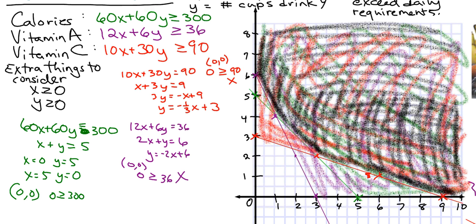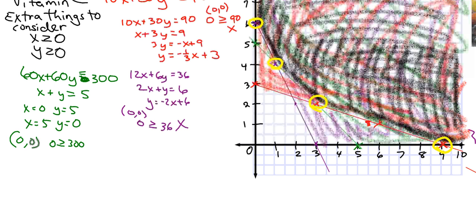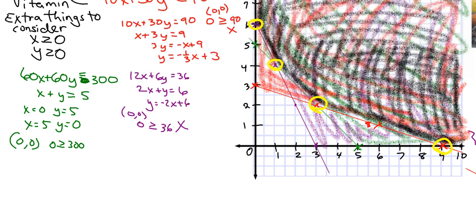And so then I can find those points that are going to be the key points. It looks like one is right there, one is right here, one is right there, and the last one is right over there as we go. So the points at the boundary of our shaded region are 0, 6.